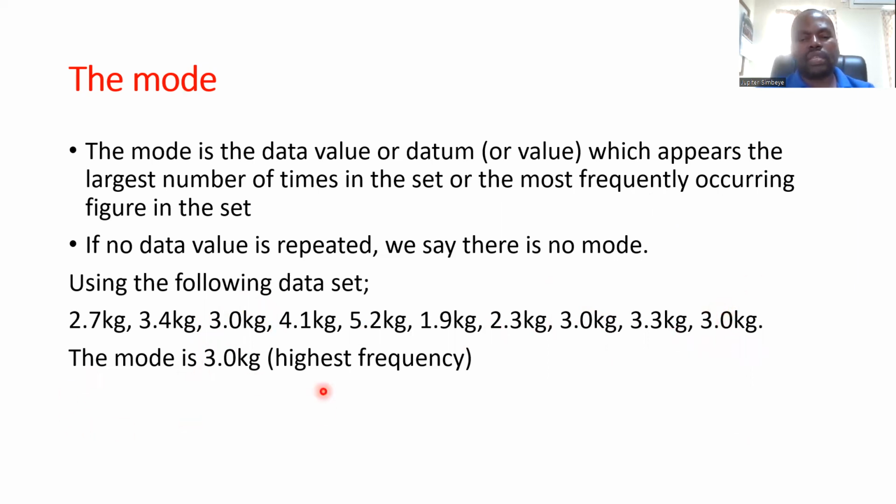So 3 is appearing 3 times, and there is no other number that is appearing more than those times. Actually, most of them are appearing only once. So the most frequently occurring figure is 3. So 3 is our mode when we consider this set of observations.